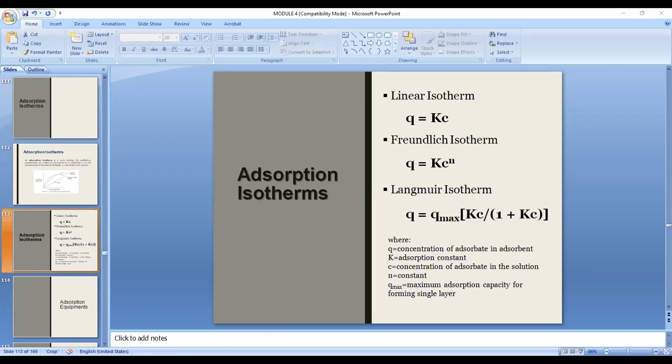It's not dependent on the variables q and C. So your constants are simply your K and your n. Now, we defined already what q is. So q is the concentration of the adsorbate in the adsorbent, or the concentration of the solute that adhered on your adsorbent, and n is a constant.